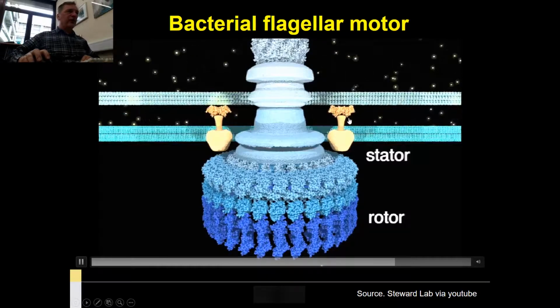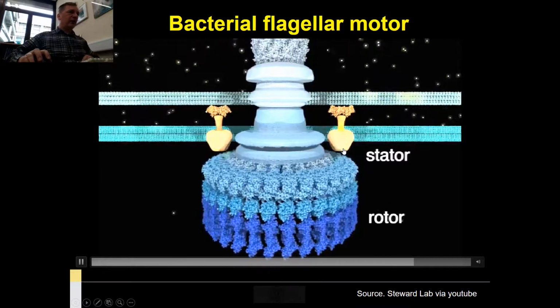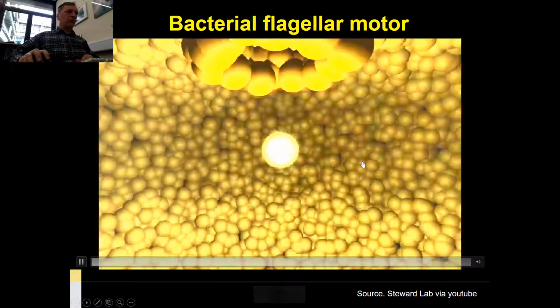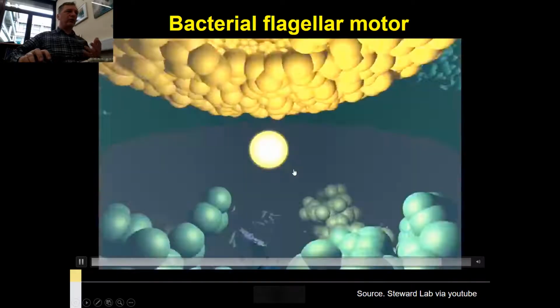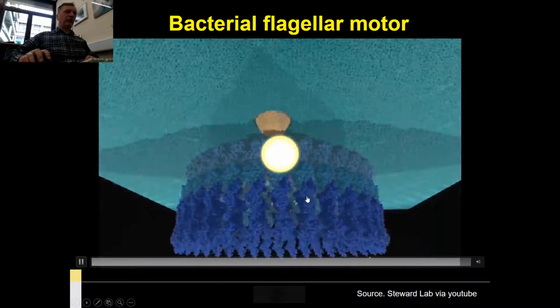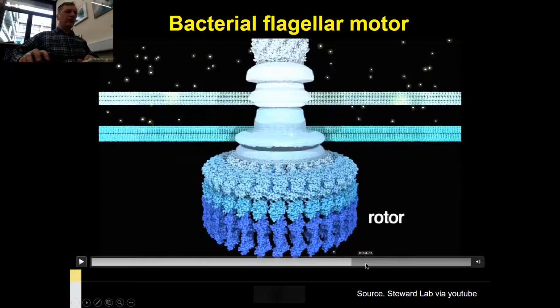We need a stator. Every kind of rotatory motor needs a stator. So you see, this is actually stabilizing the structure. And the idea is very simple. A proton is coming through these stator-like structures and gets to the cytosol all the time. And that is actually causing the rotatory movement in a very similar way.